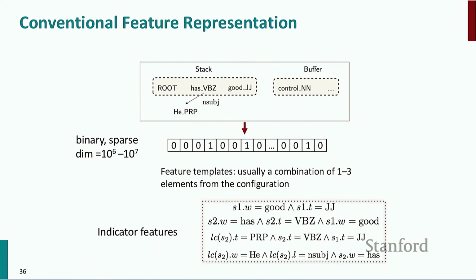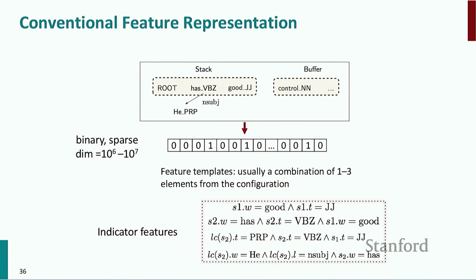So when he did it in 2005, that was before neural networks came to the fore. And so the way he was doing it was by using an older style, symbolic, feature-based machine learning system. So he had a big classifier, which might have been a logistic regression classifier or something else like a support vector machine. And to power that, he was using indicator features.